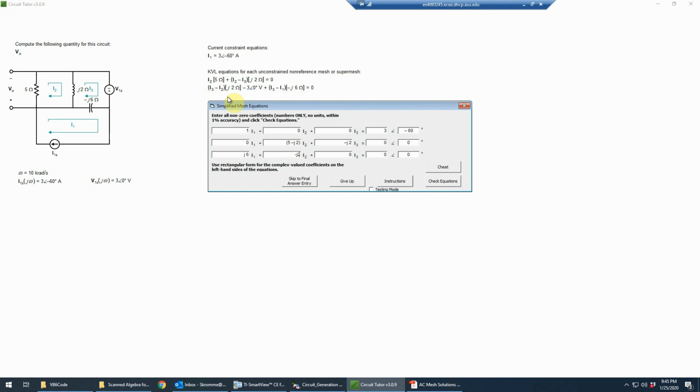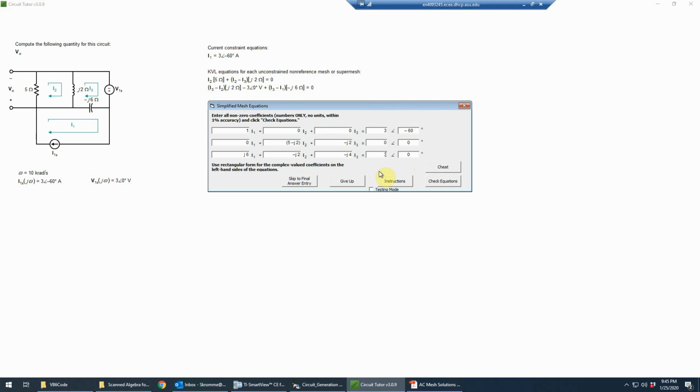And there's no other I2 term. Then I3, we would have a coefficient of J2, and then also a coefficient of negative J6. So adding those up in our head, that would just be negative J4 for the I3 coefficient. And that one doesn't happen to have any real part in this problem. And then the constant term would be this term added to both sides of the equation to bring it over to the right side. And of course, that would just give us 3 angle 0 on the right side.